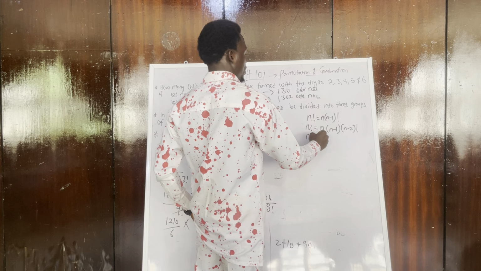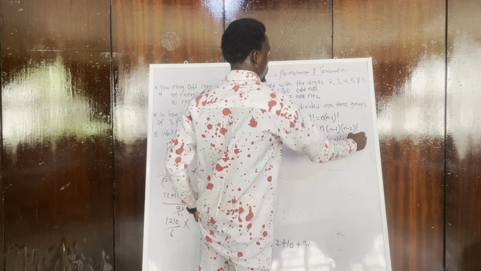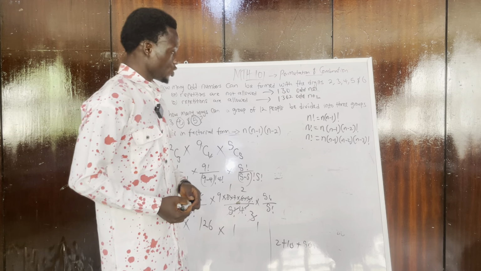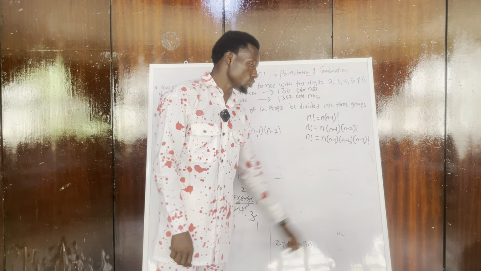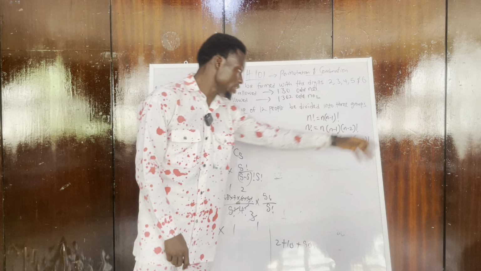N factorial can also be this. It depends on where you want to stop. But wherever you are stopping, just make sure you end everything with what? Factorial. So you can still continue to express this with n minus 4, n minus 5, n minus 6.